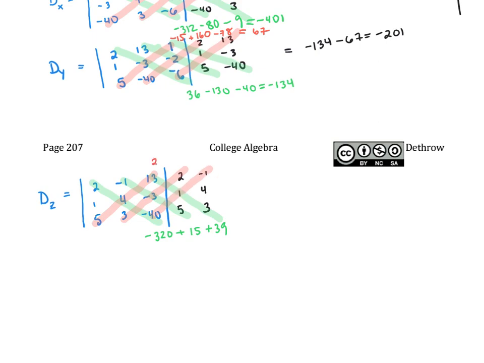So we get 260 minus 18 plus 40. So this gives us 282. And this gives us negative 266. So this determinant is negative 266 minus 282. And that is negative 548.